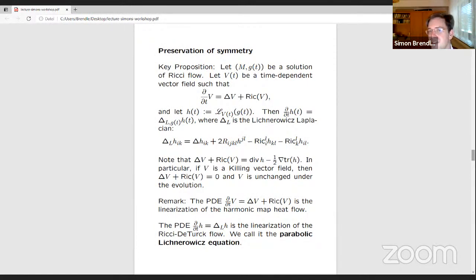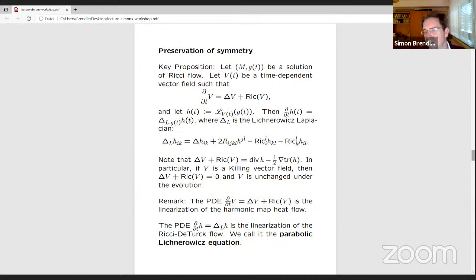So let's suppose we have a solution to the Ricci flow. Let's suppose we have a time-dependent family of vector fields, which evolves by this particular PDE. So d/dt V is Laplace V plus Ricci V. Now, the right-hand side, the Laplace V plus Ricci V term, this is the same operator that came up in Hans-Joachim Hein's talk the other day.